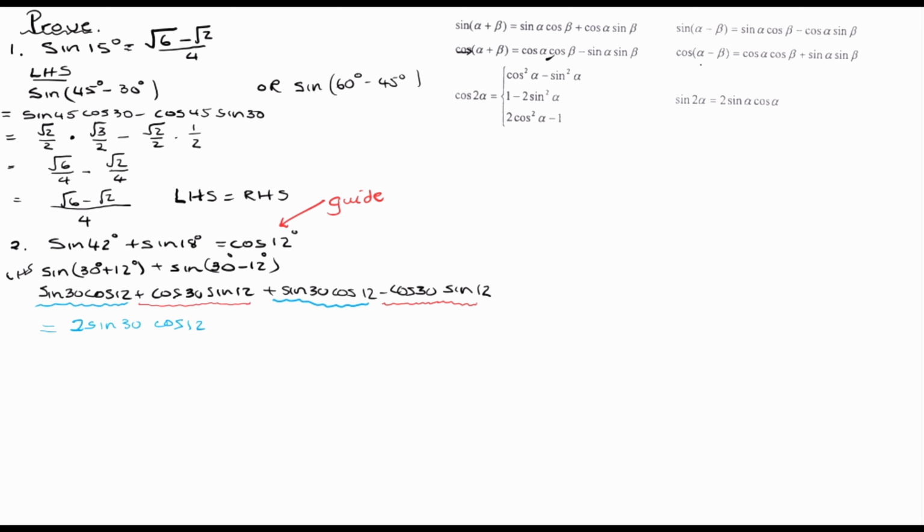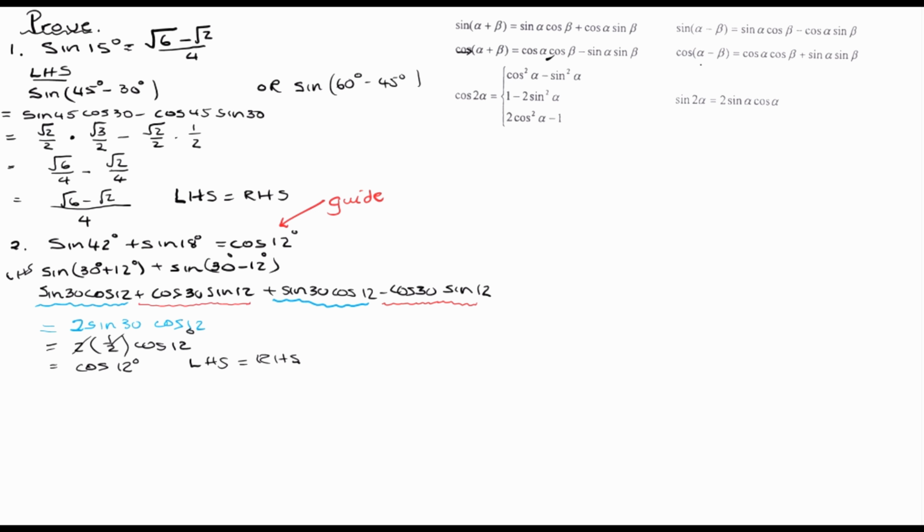Right, and that gives us 2 times sine of 30, which is a half, and cos of 12, and the half and the 2 cancel, and you're left with cos of 12. So you are left with left hand side equals right hand side.